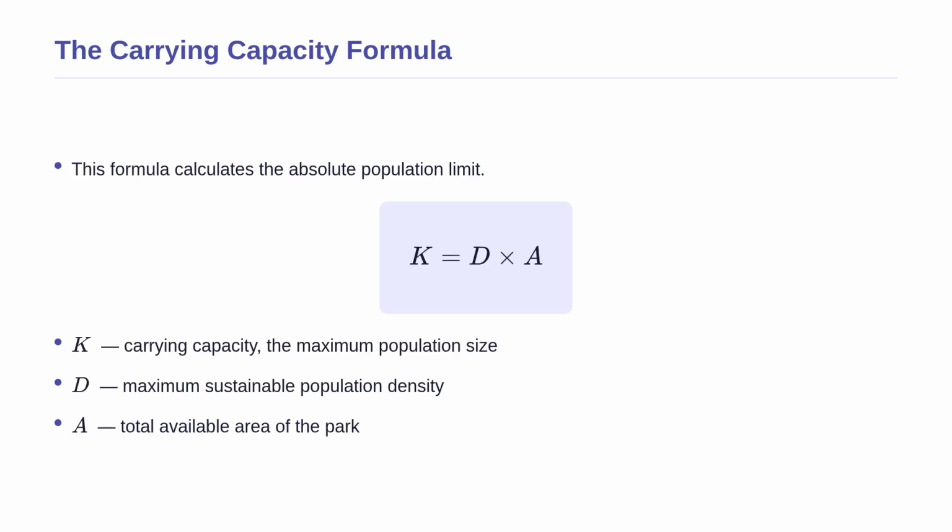Finally, A is the total available area of the park in square kilometers. Physically, if the available area A increases, the carrying capacity K increases proportionally. This simple multiplication ensures that wildlife managers know exactly when a population is getting too large for its designated space.